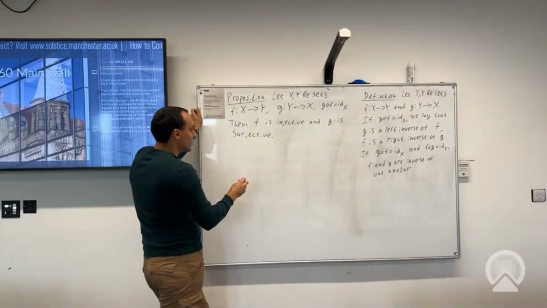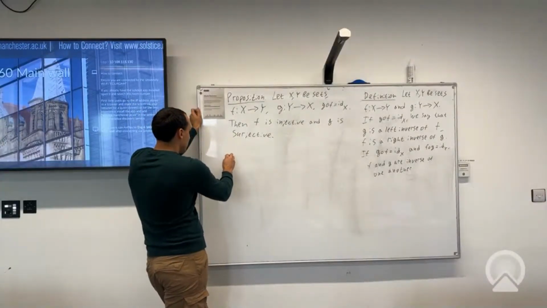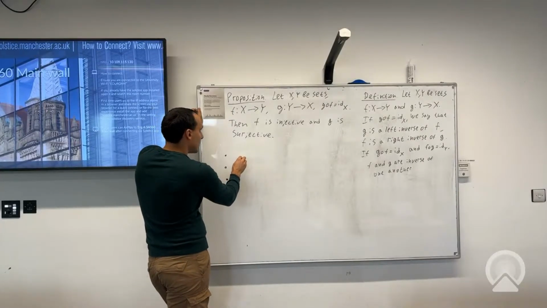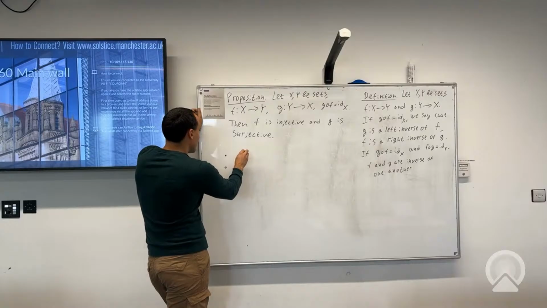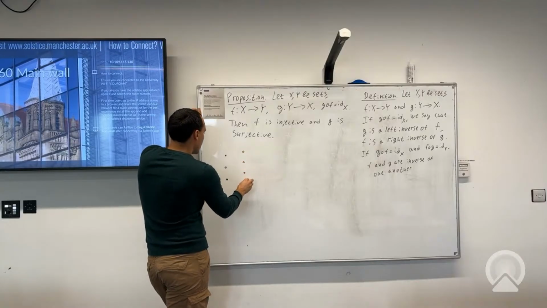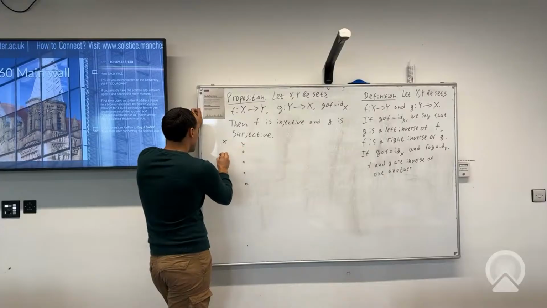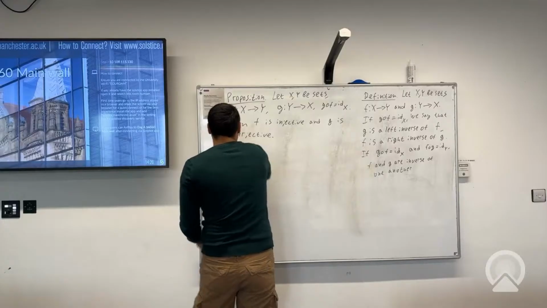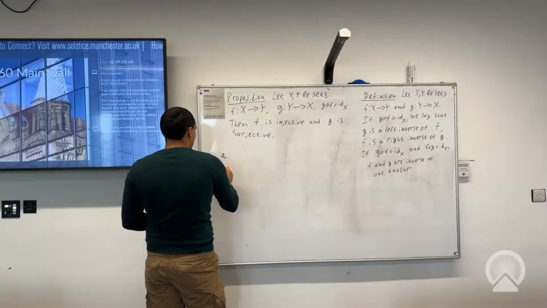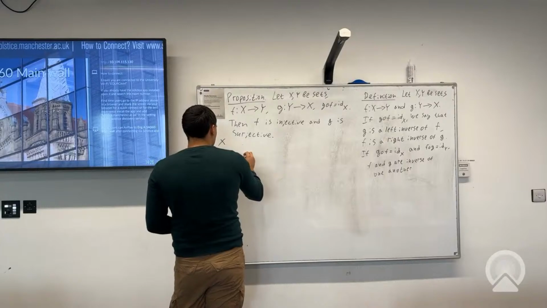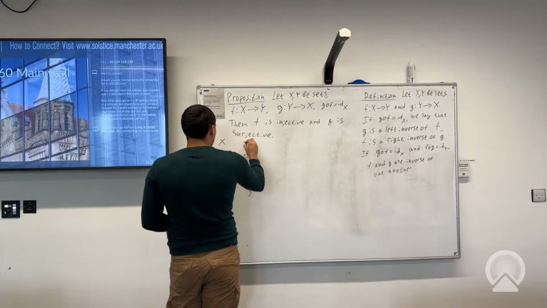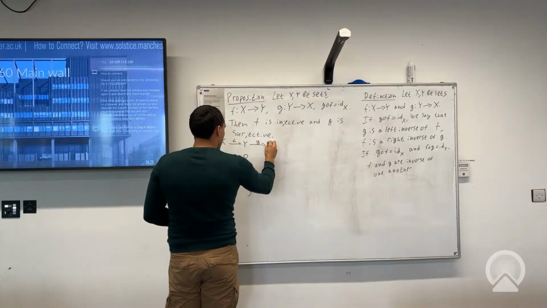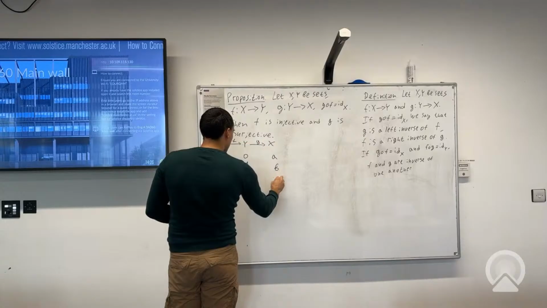For example, we have four elements here. This is X, this is Y, with elements 0, 1.